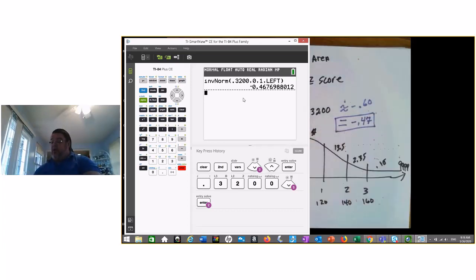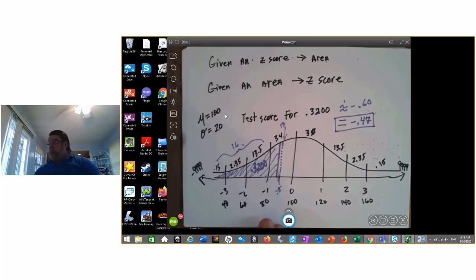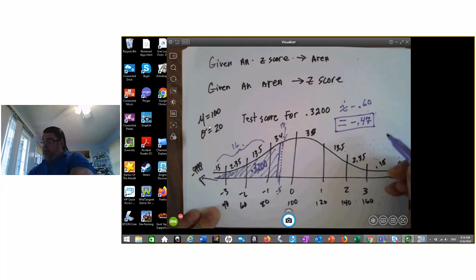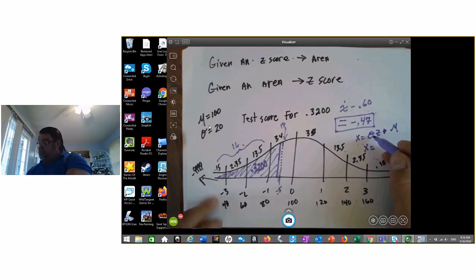Well, how do you know what the test score is? Now you use z-sigma plus mu. X is equal to sigma z plus mu. X is equal to, our standard deviation is 20 times negative 0.47 plus 100.